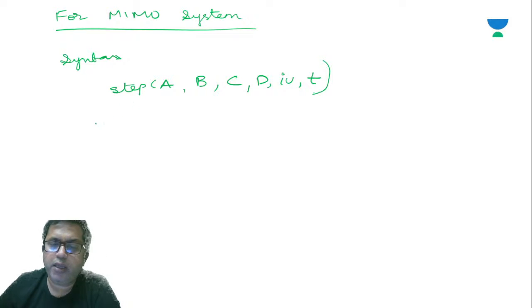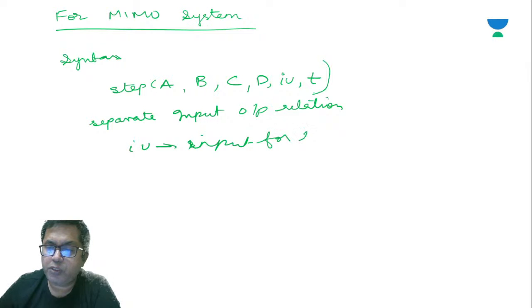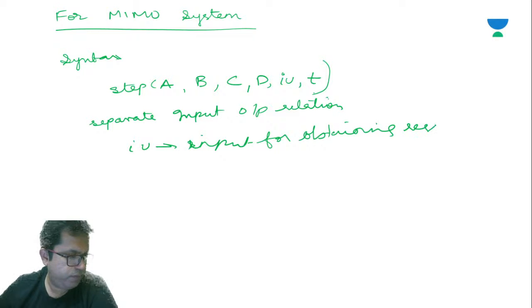Here we are using separate input output relation. iu gives you the input for obtaining the response.